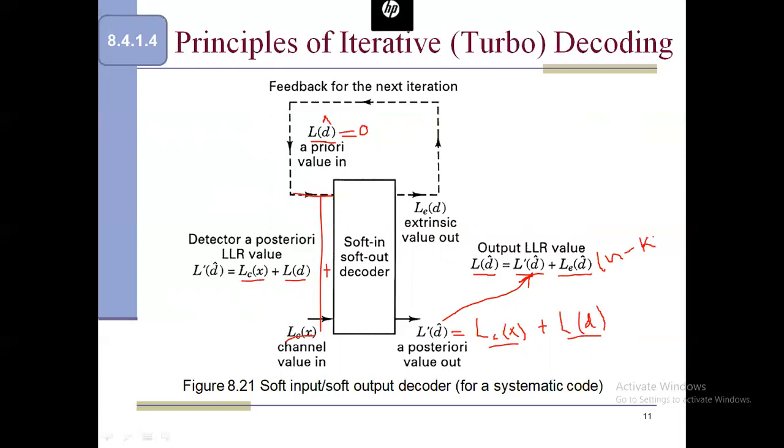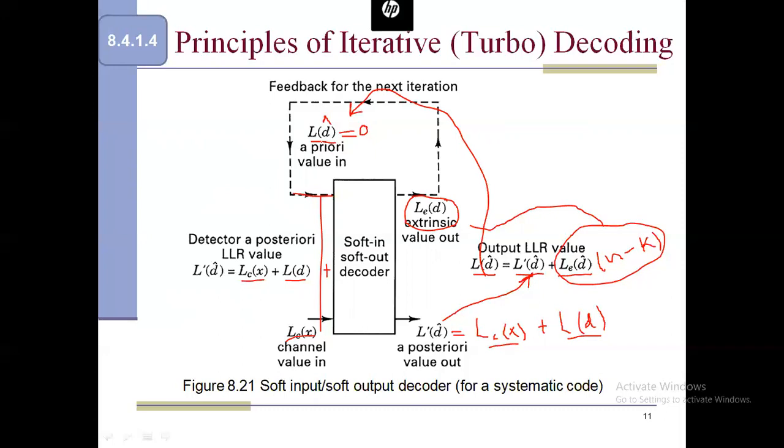This extrinsic value is calculated from these n minus k bits of the encoder, and that decision will be fed back to modify the value of L of D.